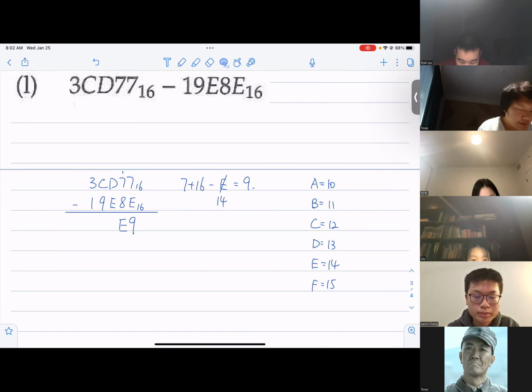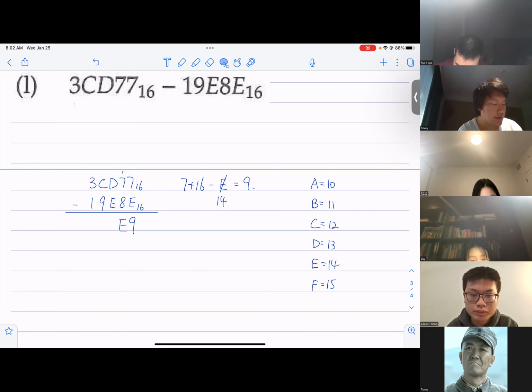Okay, Lily, does that make sense? Here you borrowed one, so it'll be 6 minus 8. 6 minus 8 is not enough. It's -2, right? So you have to borrow another one. So let's mark it. When you borrow another one, you are borrowing 16 again, right? So this is 22 minus 8. That means you have 14. 14 is E. So you put an E there. Okay, Lily, that makes sense?